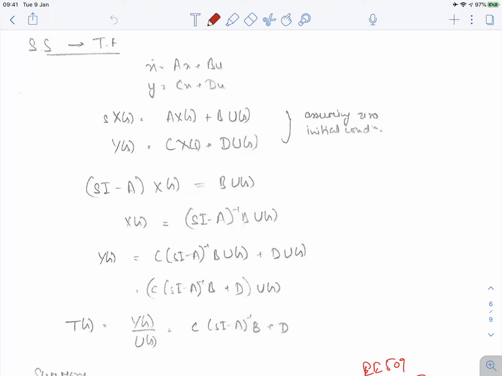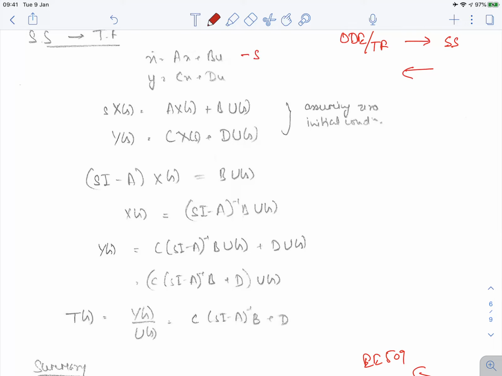So the path we had seen so far is: given the ordinary differential equation or the transfer function, we have seen many ways to yield a state space representation. Now what we want to see is, if we are given the state space representation, how we can obtain the transfer function from that representation.